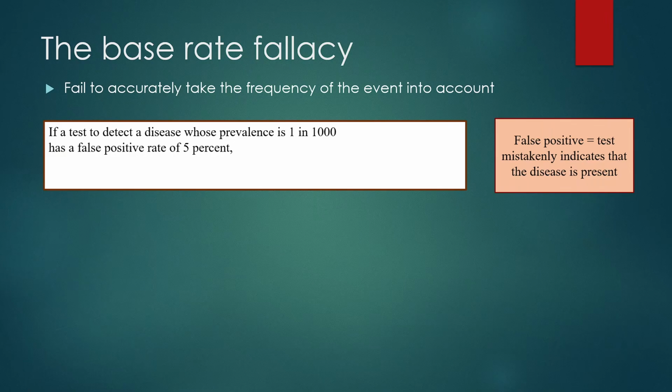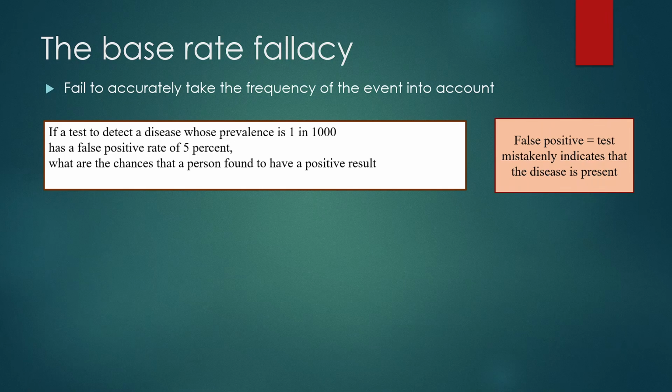So 5% false positive rate. That means 5 people in 100 will be told that they have the disease when they really don't. That's what 5% means, right? So five out of 100 people who take the test will be told that they have the disease when they don't. And the disease occurs in 1 out of 1,000 people in the population.